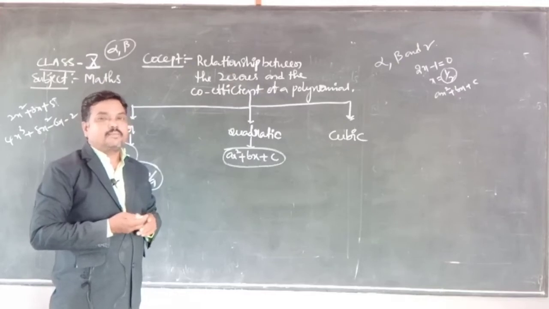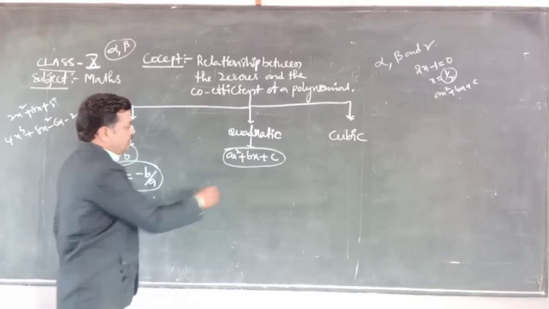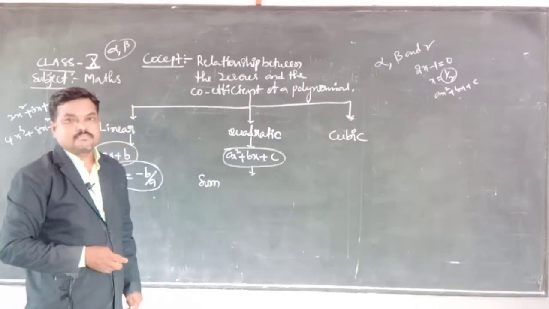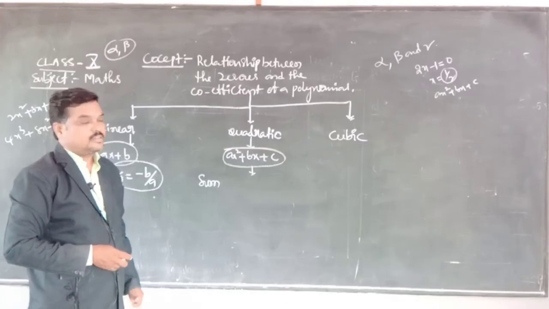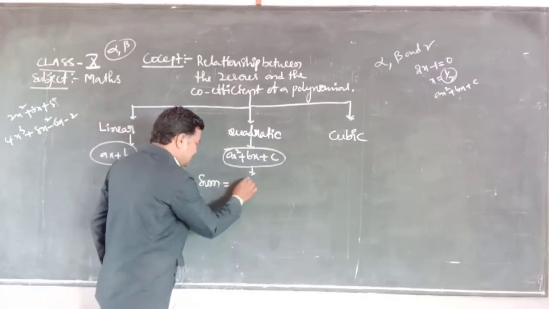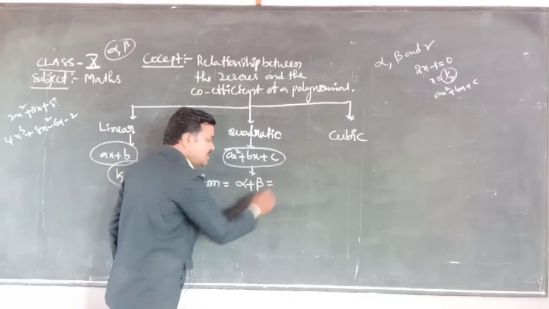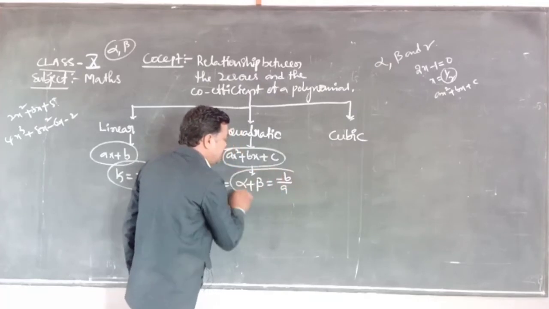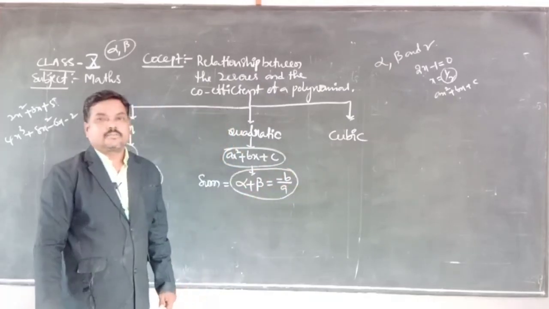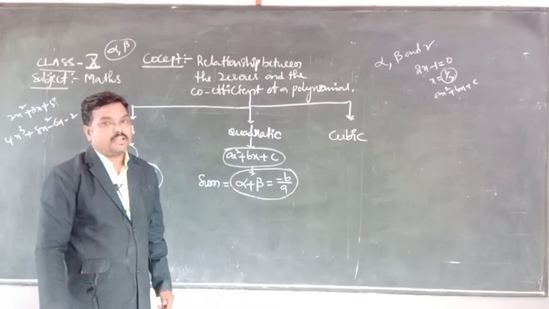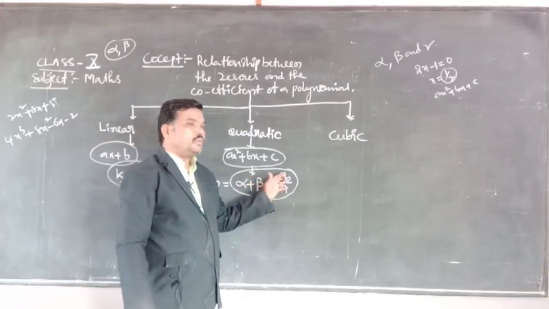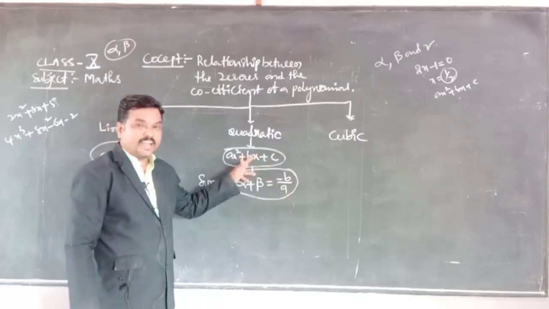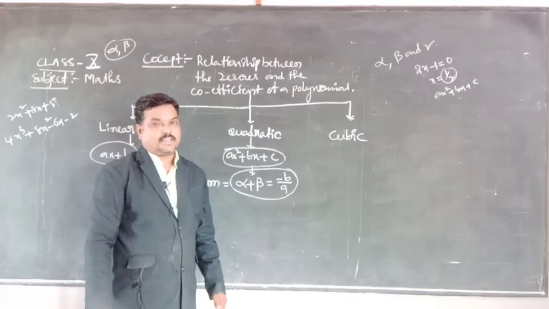Relation means sum and product. Sum of the zeros means alpha plus beta is equal to minus b by a. We find the sum of the zeros of a quadratic polynomial by using the formula minus b by a. b means the coefficient of x, c means the constant.